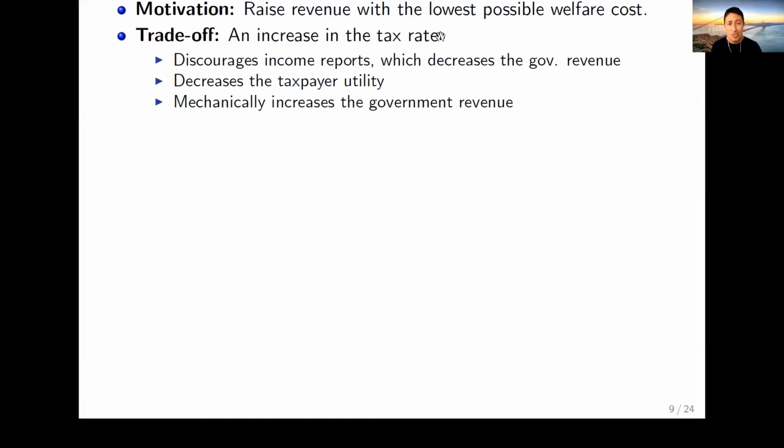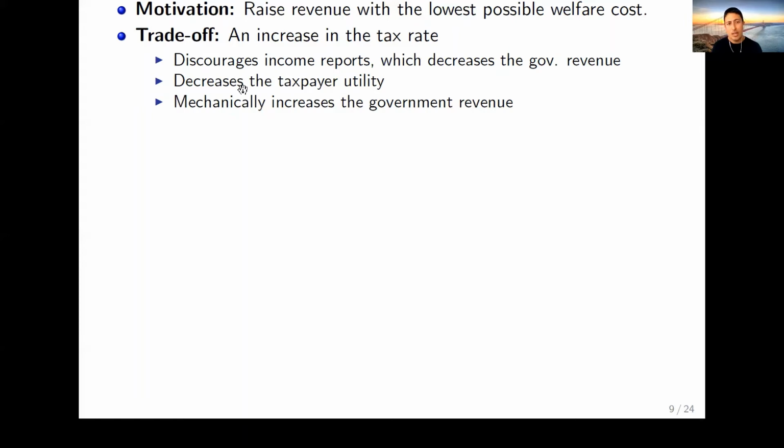So the trade-off is that an increase in the tax rate discourages income reports, right? As we thought about, if you increase the tax rate, individuals are likely to report less income, which decreases the government revenue, because people are reporting less income, so they're paying less income tax.